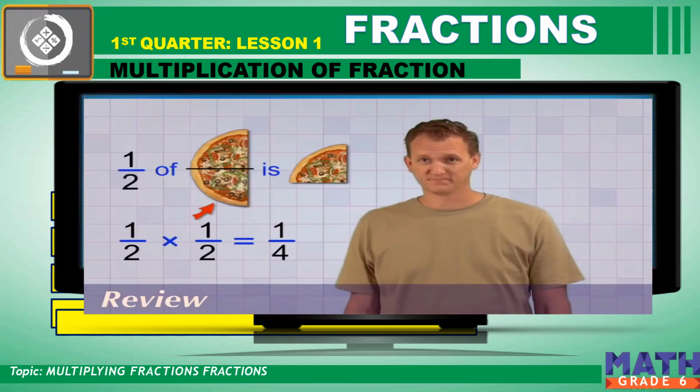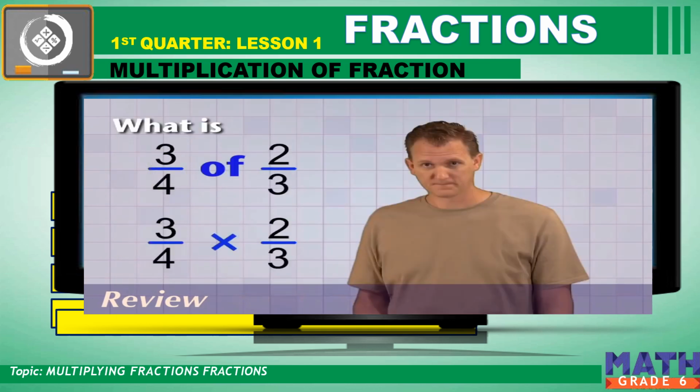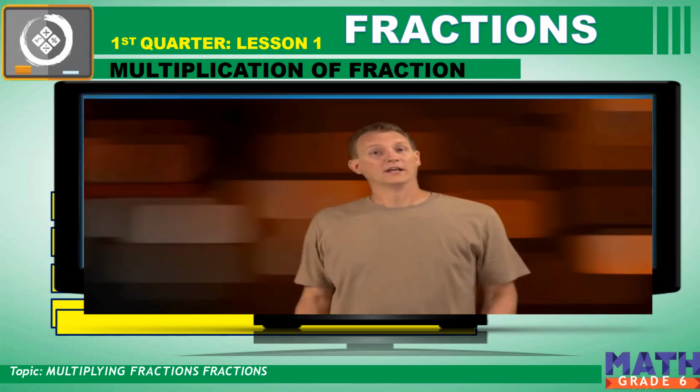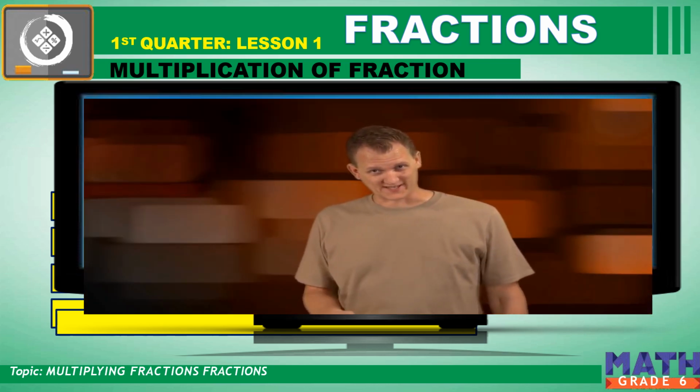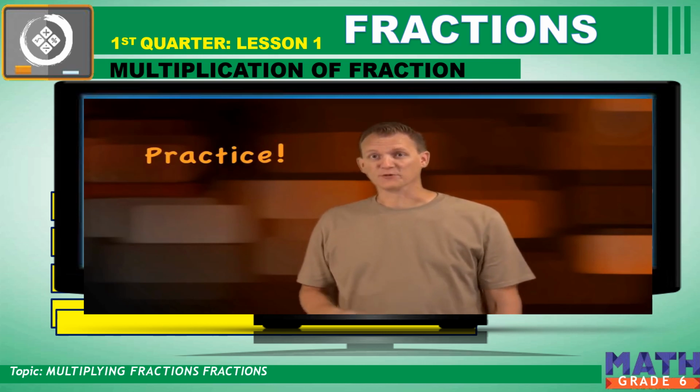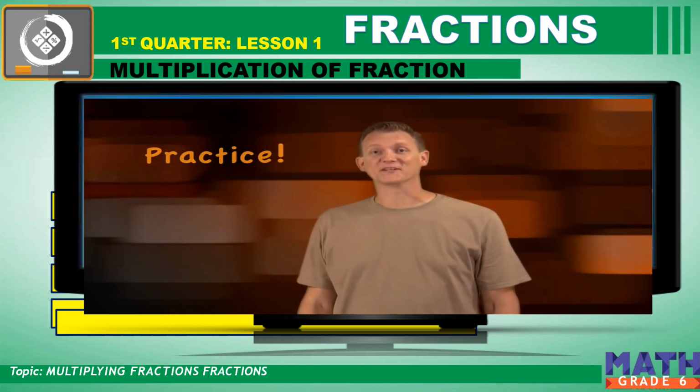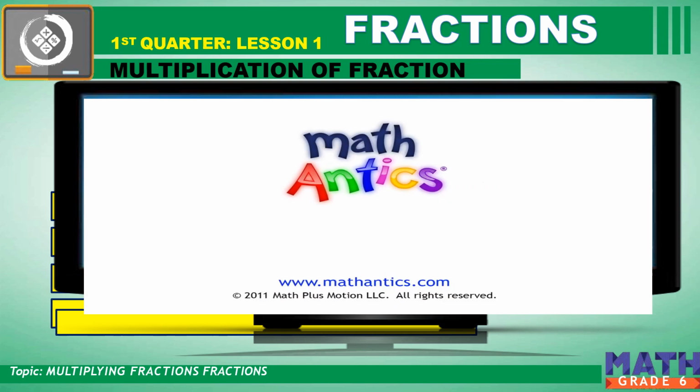If you think of fractions as parts of something, then multiplying a fraction by another fraction is the same as taking a part of a part. And sometimes, especially in word problems, you might see the word of instead of the word times. Even though multiplying fractions is so easy, it's a good idea to practice. So be sure to do the exercises, and I'll see you next time. Learn more at mathantics.com.